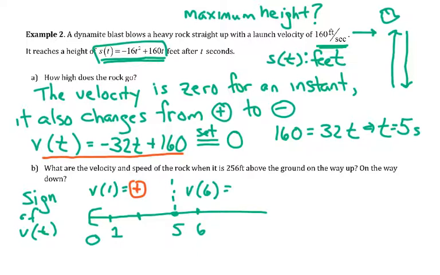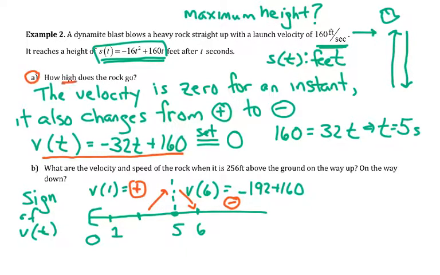If we actually do this one, you plug in 6, you would get negative 192 plus 160. And yes, that's negative. So that confirms that we changed direction. We were going up and then we were going down. So that does not answer the question, does it? We just know when it happens now.